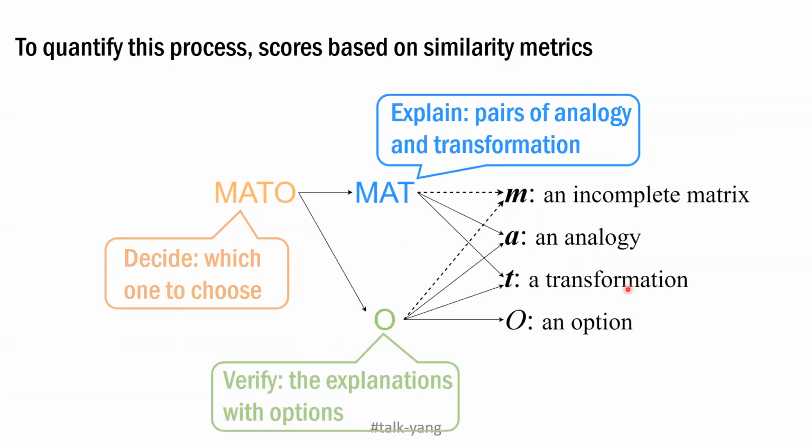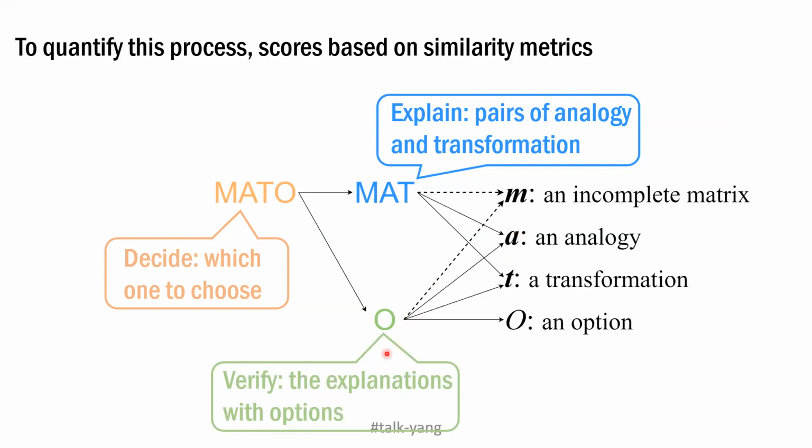So we need to quantify this process. We design the 3 score functions corresponding to the 3 steps in our process, and these scores are purely based on the similarity matrix we mentioned above. So, for example, for the first step, we have the MAT score, which measures how well an analogy and a transformation can be used to explain an incomplete matrix.